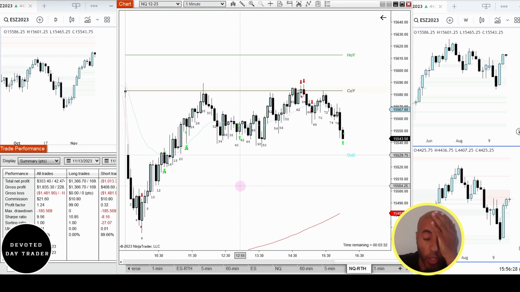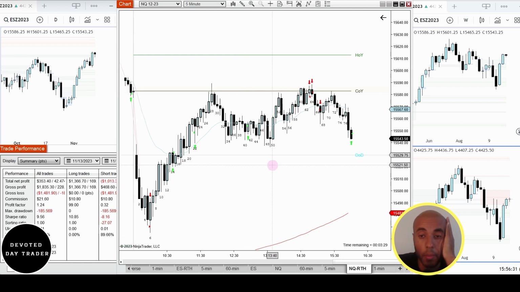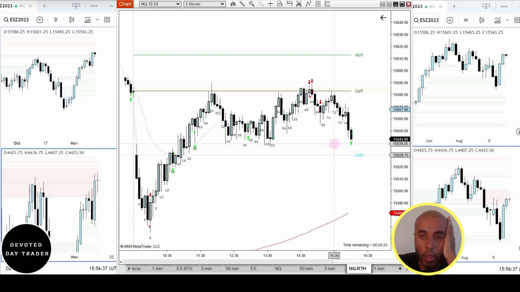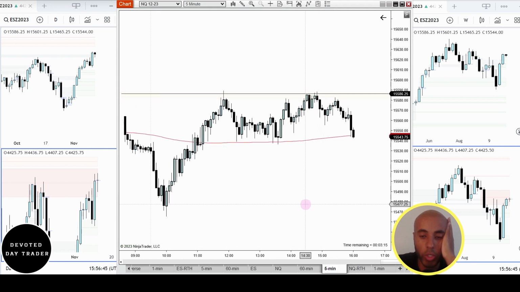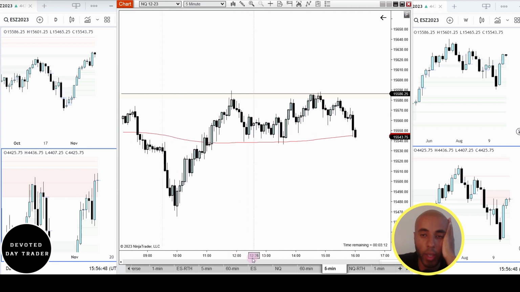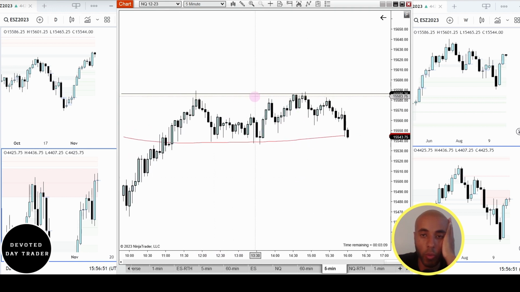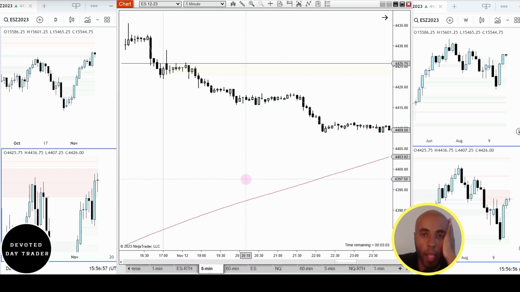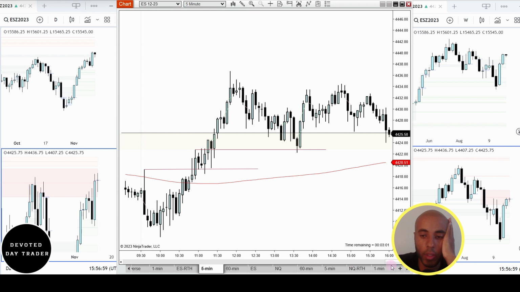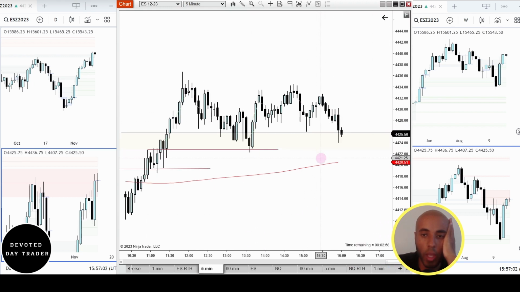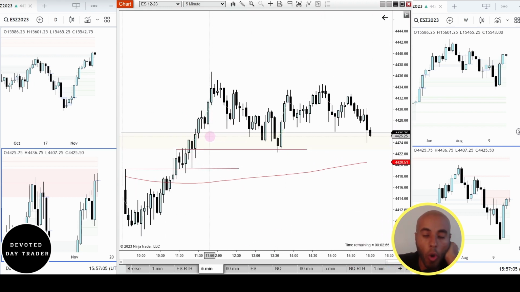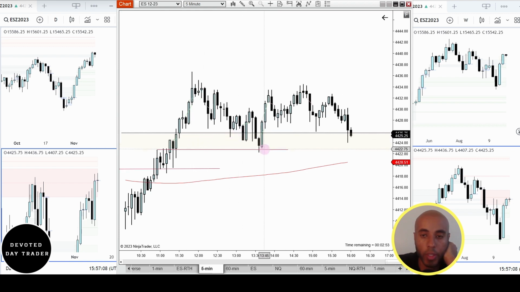Today was definitely a long day. But what was interesting about today is that NQ kept finding, let me go to the electronic trading hours, NQ kept finding resistance at this new week opening gap, whereas ES, S&P 500, once it got above the new week opening gap, it found support here.